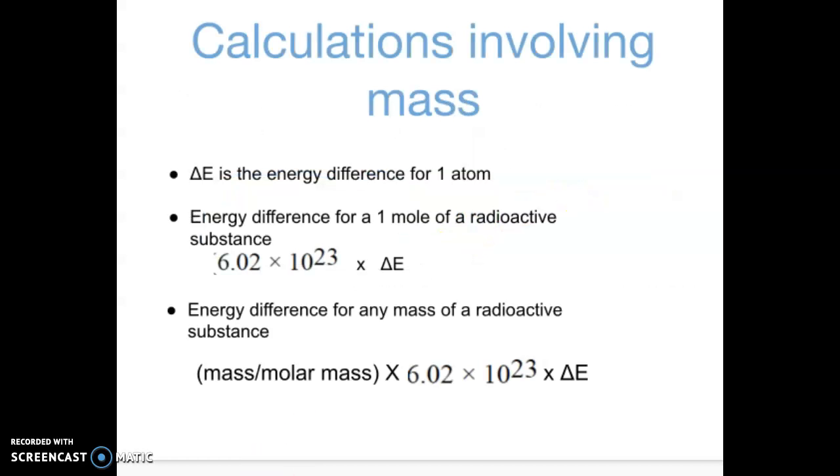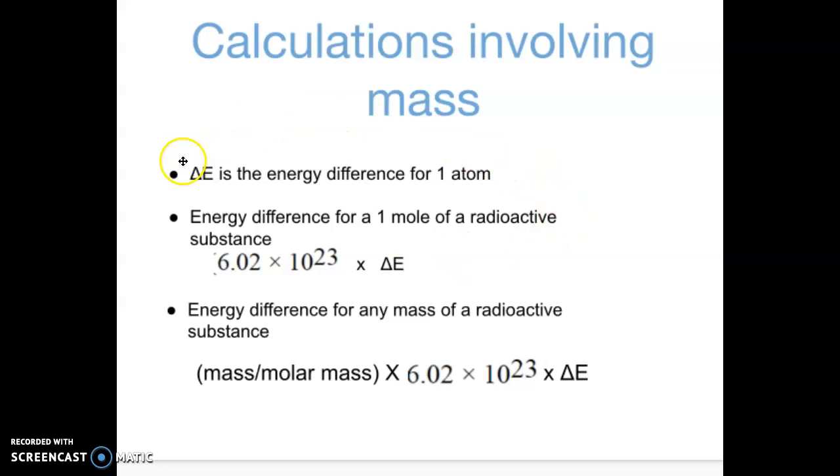Okay. And as an extra, I haven't come across many questions that involved mass as opposed to atoms. Most of the mass defect questions that you'll come across involve what is the binding energy of one atom of helium or hydrogen, etc. So just in case though, how do we deal with binding energy for a mass of a substance? So for example, a kilogram of hydrogen is used to make helium. How do we deal with that?